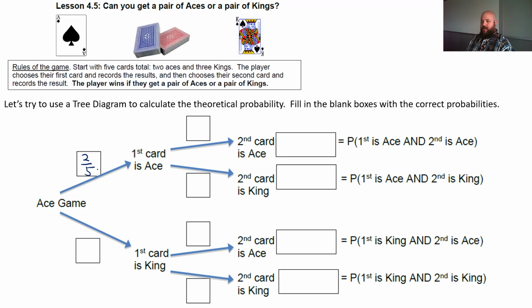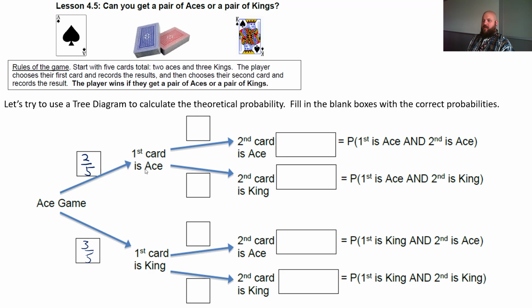So 2 over 5. We have a 2 out of 5 chance of drawing an ace card, right? Now if we go down here for the king, there are 3 kings in the stack of 5, so we have a 3 out of 5 chance.